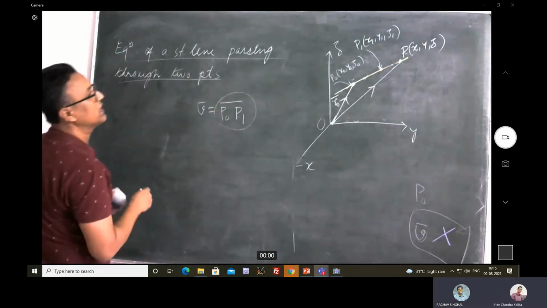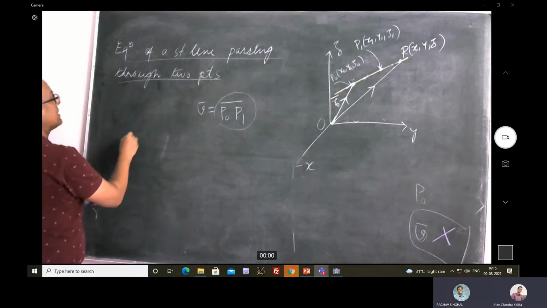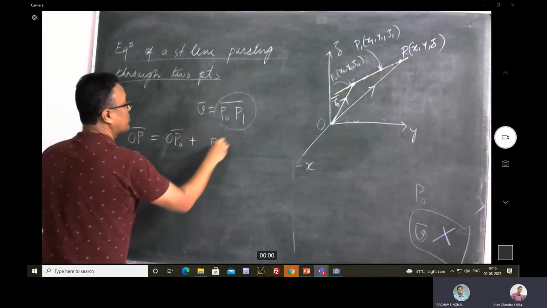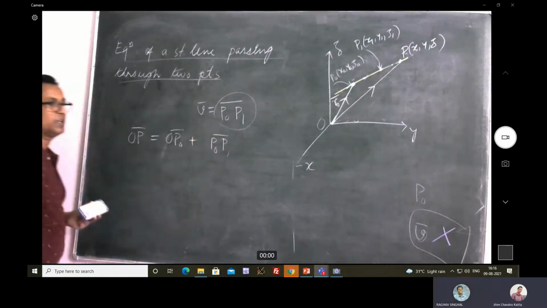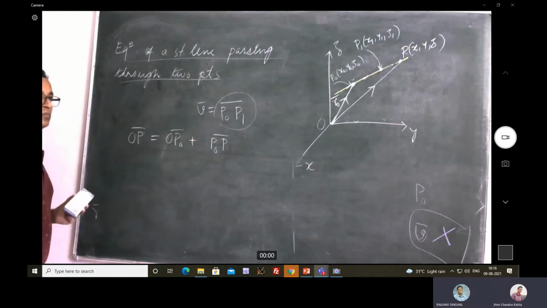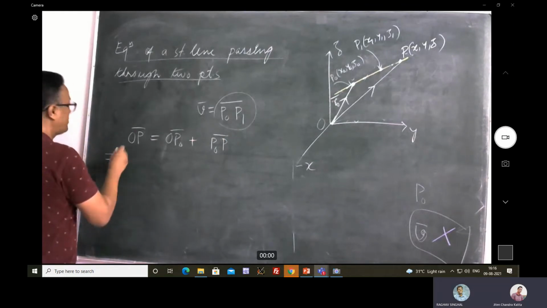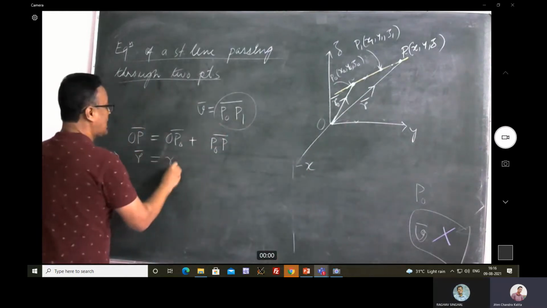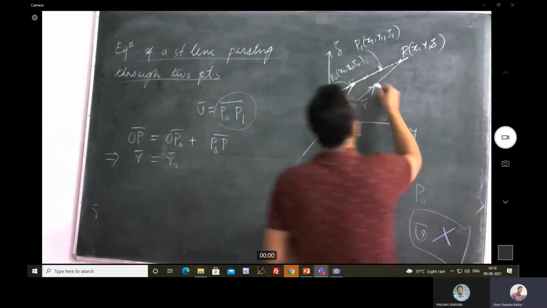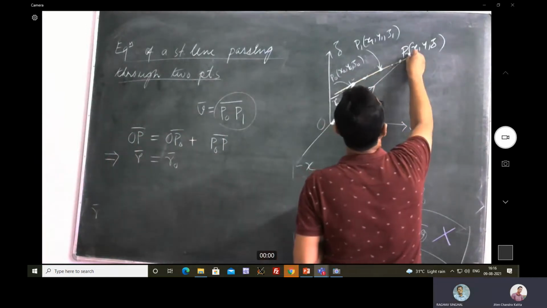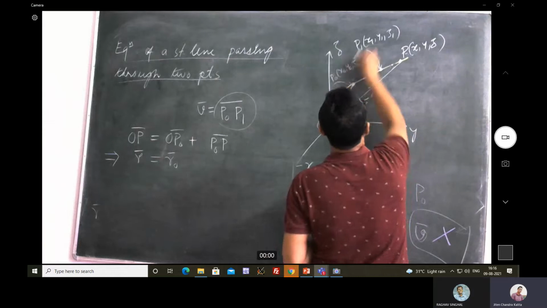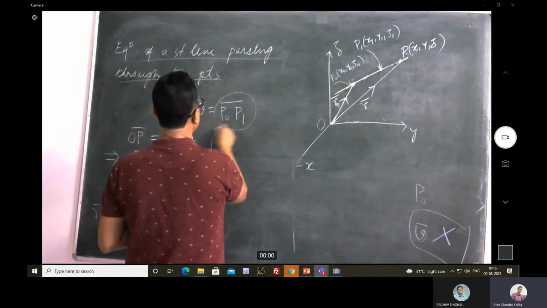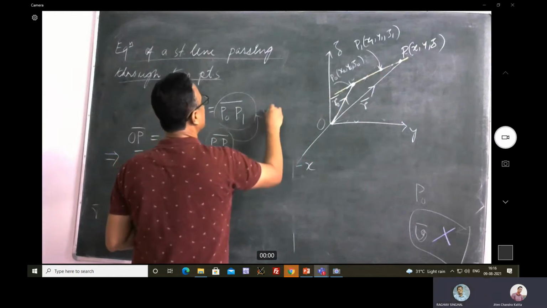Okay, and then from this figure, you can see that your OP is equal to OP naught plus P naught P. Fine. Is it okay? And OP, simply I am going to call it as R, and then this is R naught, and then you can see that this P naught P is simply a scalar multiple of P naught P1, right?